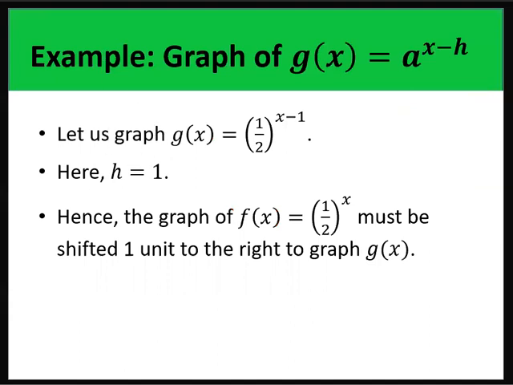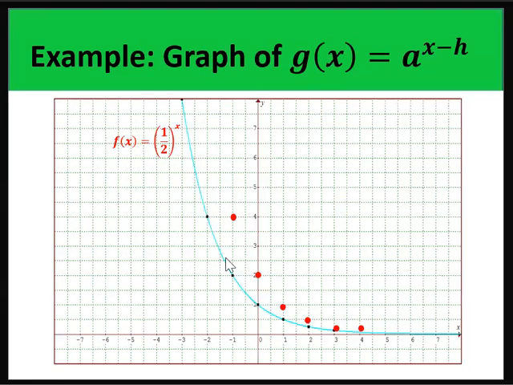Okay, next, this time let's graph g of x equals 1/2 raised to x minus 1. In this case, the value of h is equal to positive 1, which indicates that the graph of f of x equals 1/2 raised to x must be shifted by 1 unit to the right. In the next slide, this light blue graph is the graph of f of x equals 1/2 raised to x. Since h is equal to 1, we just shift all the points of the light blue graph by 1 unit to the right.